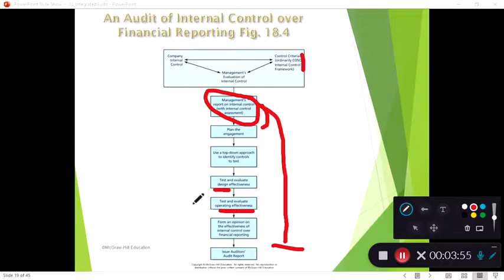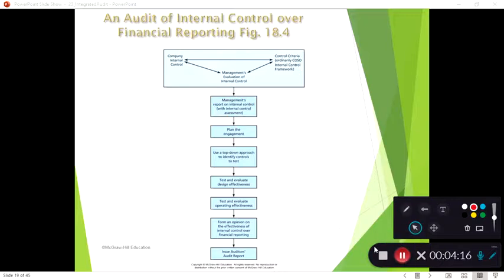Operating effectiveness is, is it really at 100% or is it something less, right? And so we're trying to evaluate, when you actually look at the control in operation, is it actually working the way it's supposed to? Then forming your opinion and then issuing the report, right? So those are the steps. And so let's look through those in a little bit more detail.